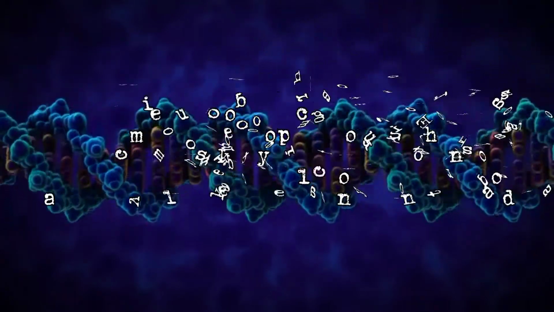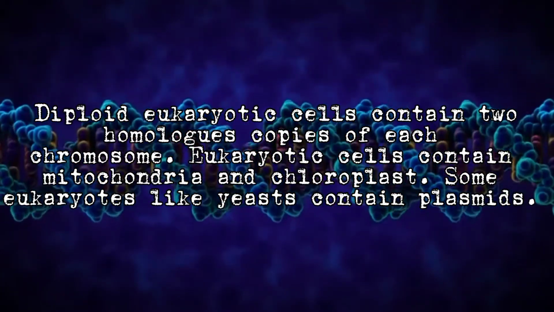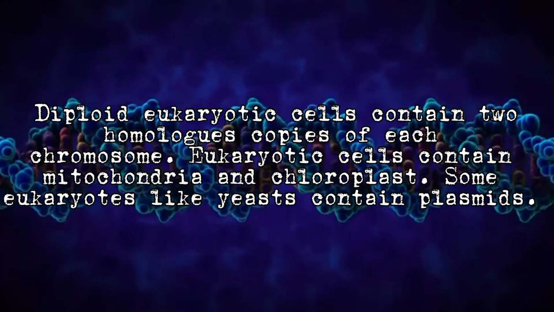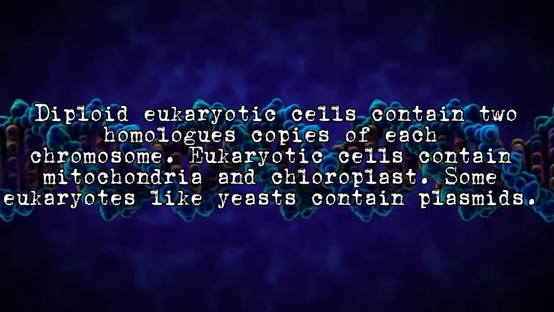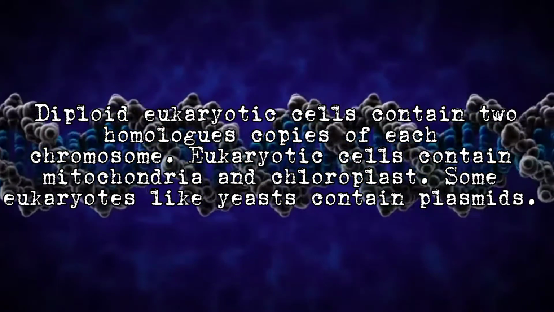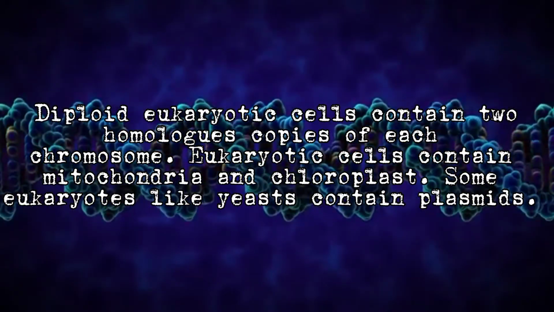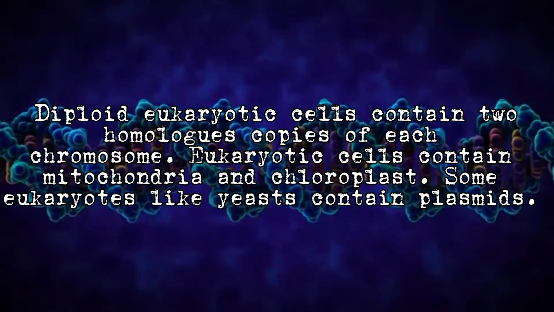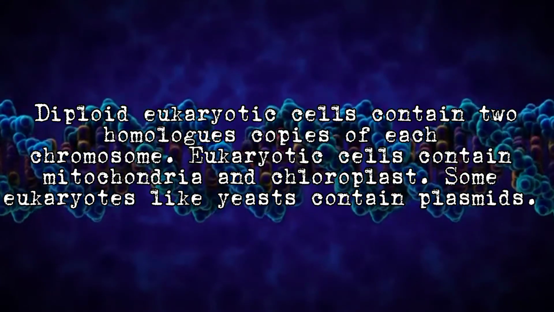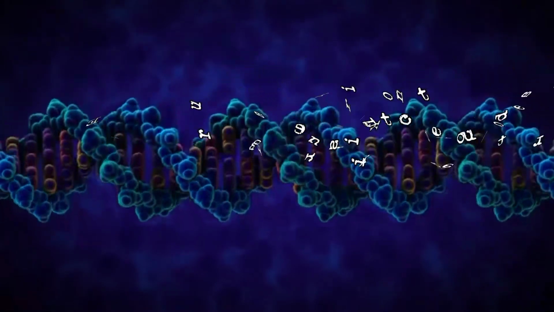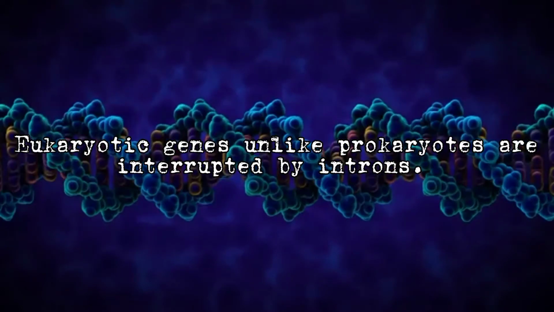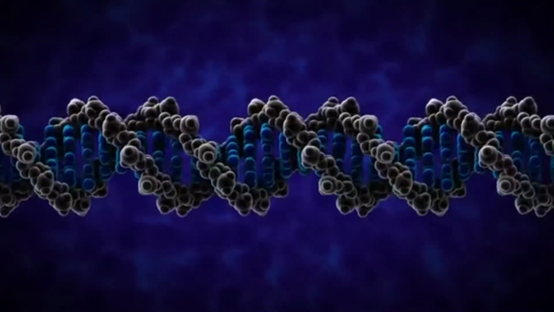A diploid eukaryotic cell contains two homologous copies of each chromosome. Eukaryotic cells contain mitochondria and chloroplasts, and some eukaryotes, like yeast, contain plasmids. Eukaryotic genes, unlike prokaryotic genes, are interrupted by introns.